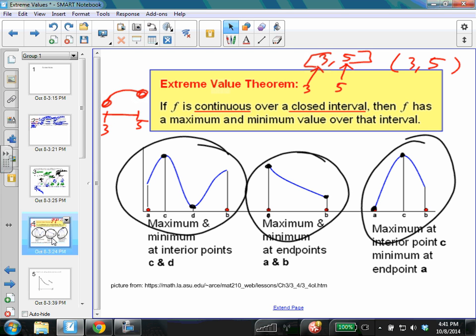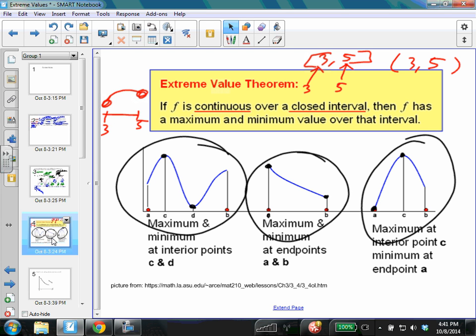But it does not say that if those things are missing, that if you don't have a closed interval or you don't have a continuous function, that you can't have maximums, right? So all it does is promise that if those things are true, then you will definitely have maximums and minimums. You will have extreme values.